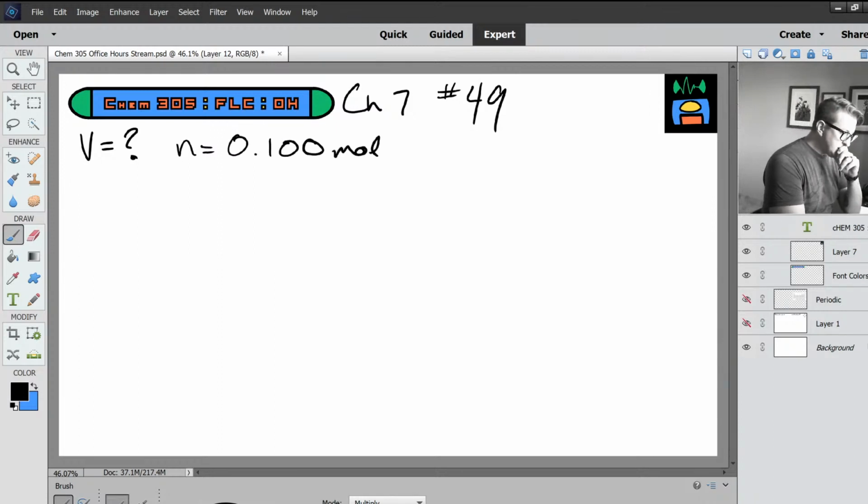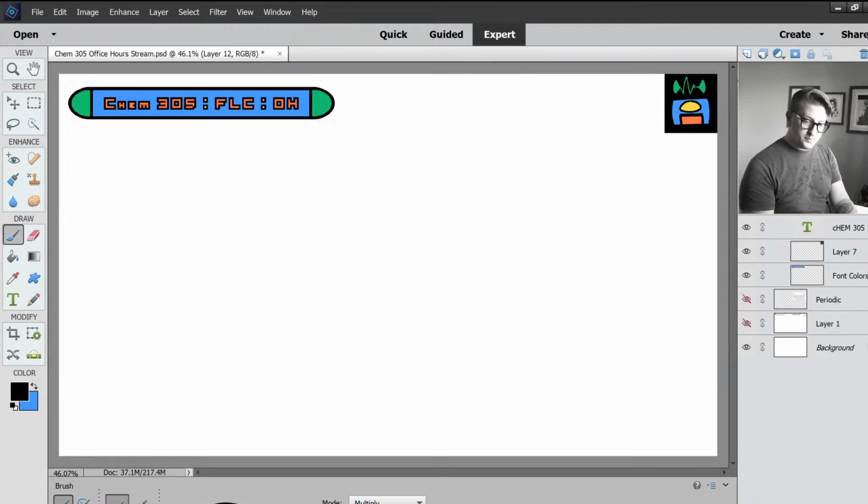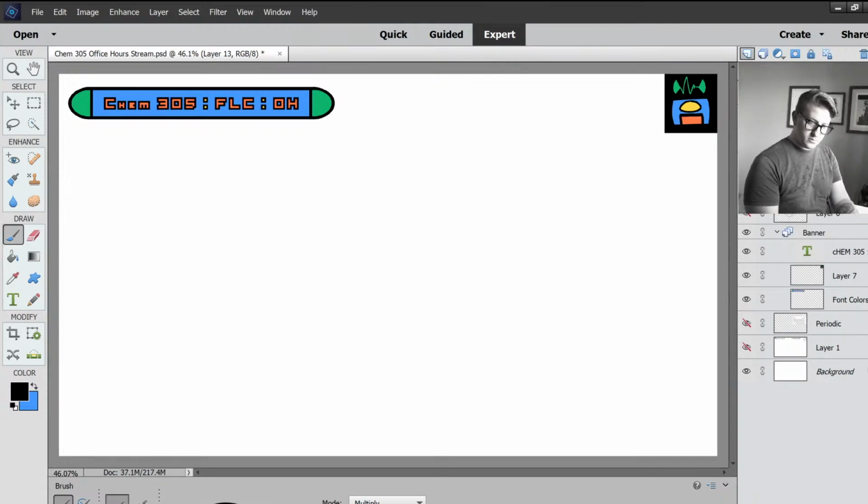Do you consider the zeros? Right. So, Kate, remember that zeros are sig figs under 2 conditions.